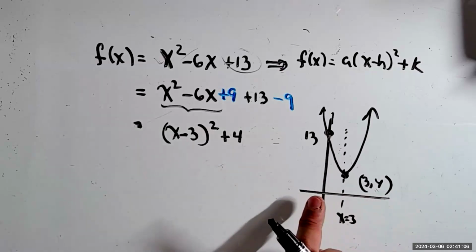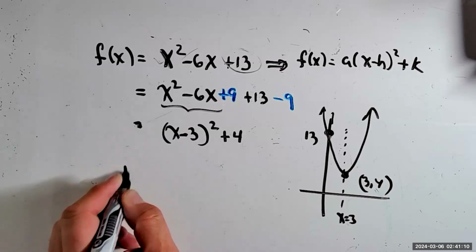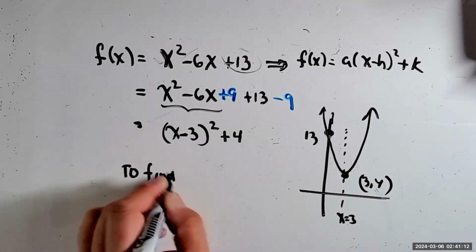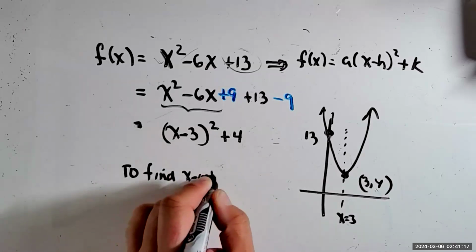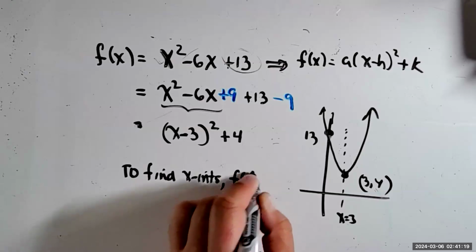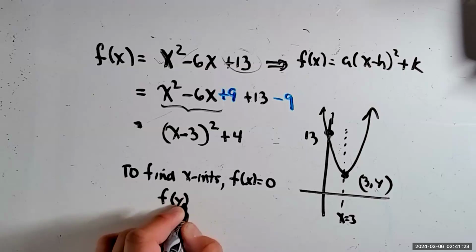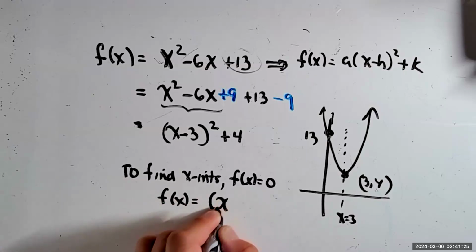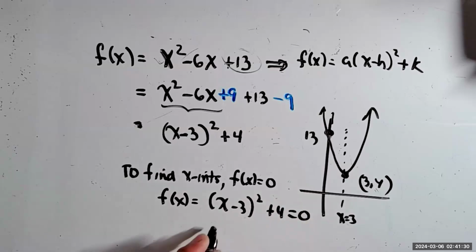How do I find the x-intercepts? y equals 0 or f of x equals 0. You don't need this, of course. We already know that they don't exist. To find the x-intercept, f of x equals 0. So how much is my f of x? It equals (x minus 3) squared plus 4 equals 0.